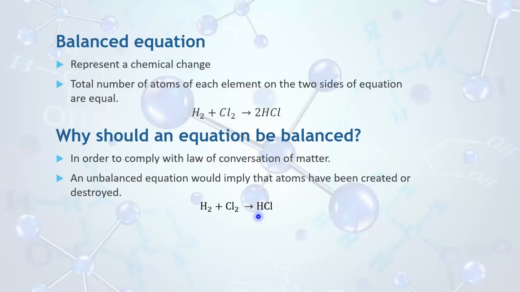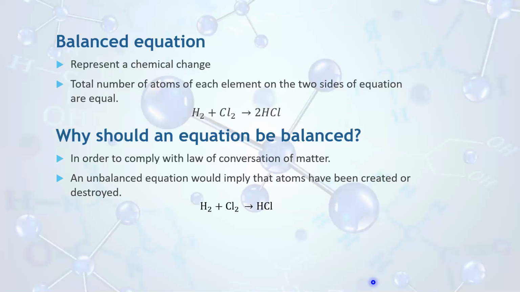As per this equation, the atoms have been destroyed, but it never happens according to the law of conservation of matter. Thus came the necessity of balancing the equation. As we discussed, an equation is balanced only when the number of atoms of reactants and the number of atoms of products are the same.